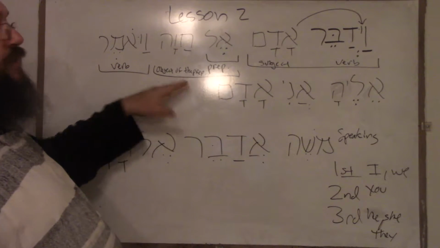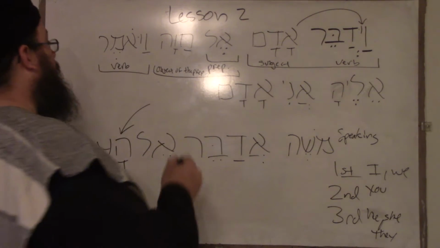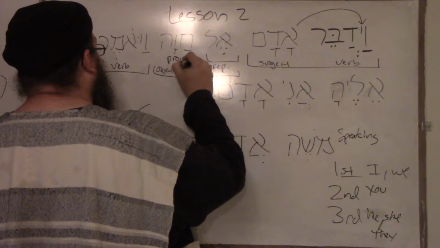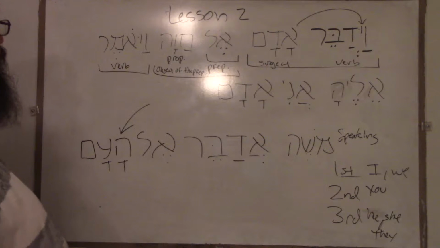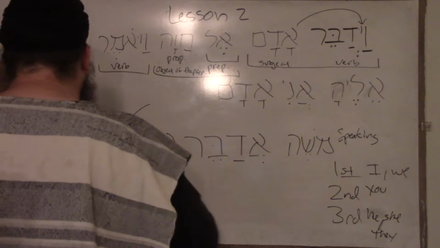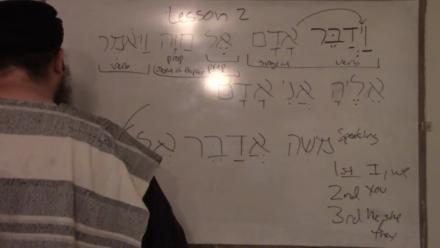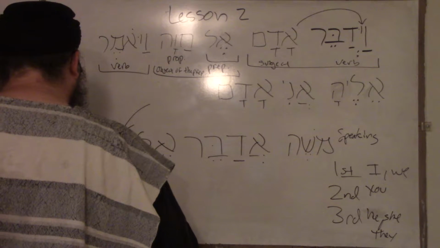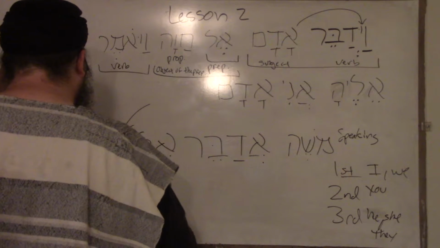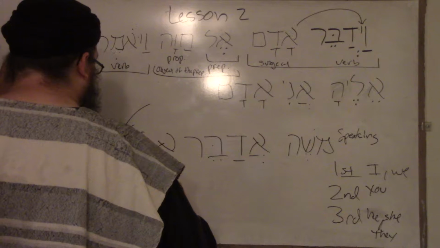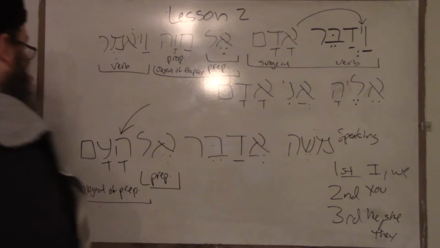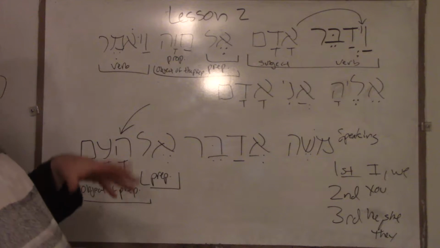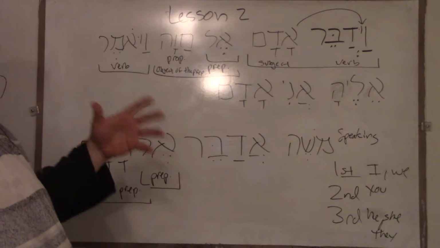If the object of the preposition is a proper noun, such as we have here, we're using a name, okay? When the object of the preposition, which is down here, and here's my prep, is a noun that's definite, we're going to use the definite article.